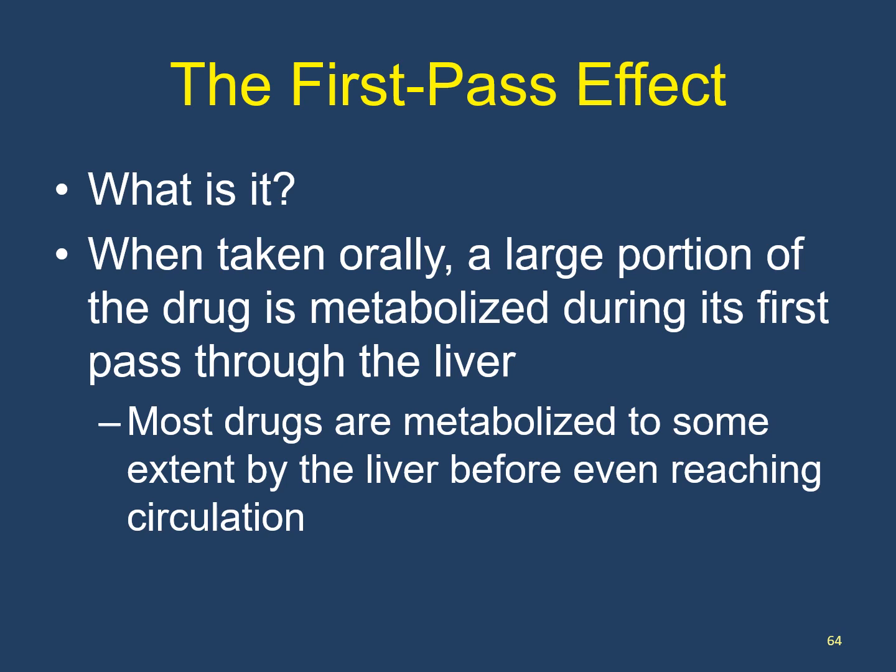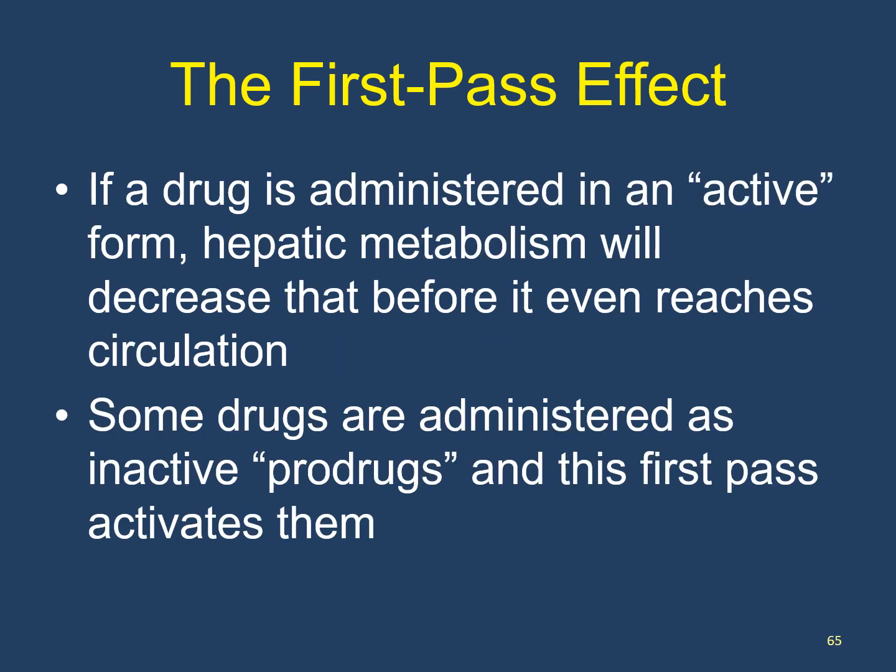It refers to the fact that most orally administered drugs go through the liver, the organ of metabolism, before reaching arterial circulation. Okay. If a drug is administered in an active form, hepatic metabolism will decrease the amount of active drug before it even reaches circulation. Remember about bioavailability, right? Bioavailability is the amount of drug that reaches systemic circulation in a form that is free, unbound, and can have a biologic effect.